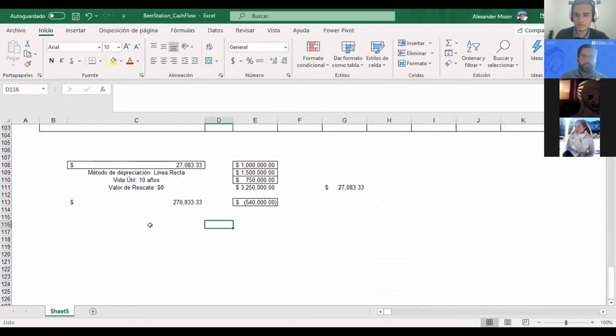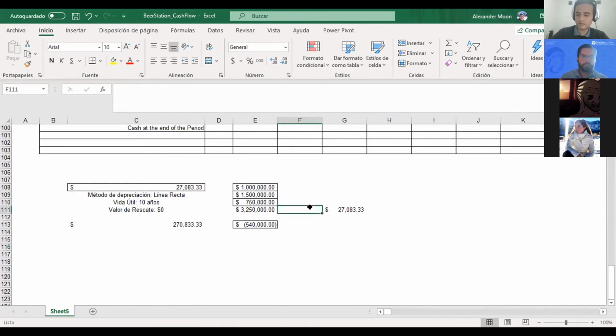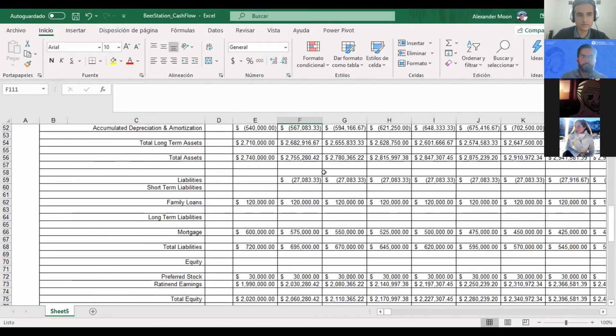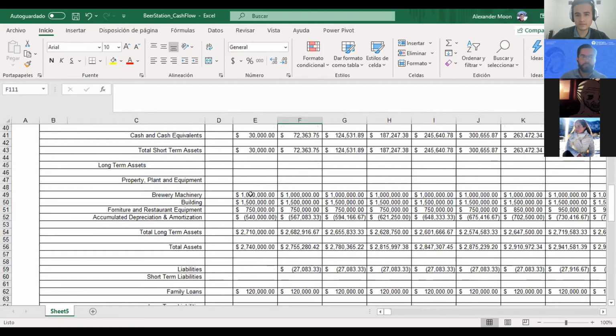I added all the assets, the property, plant, and equipment, which are the long-term assets to be depreciated over time.